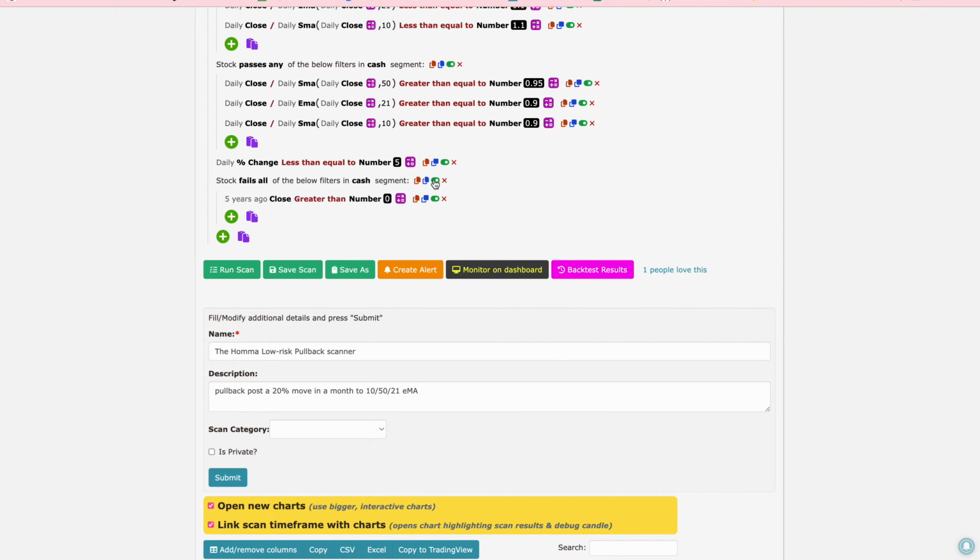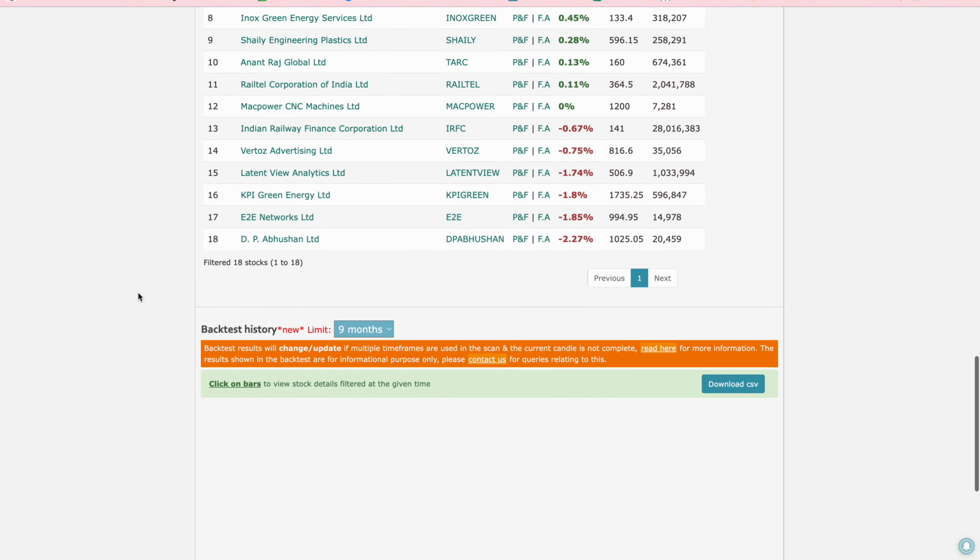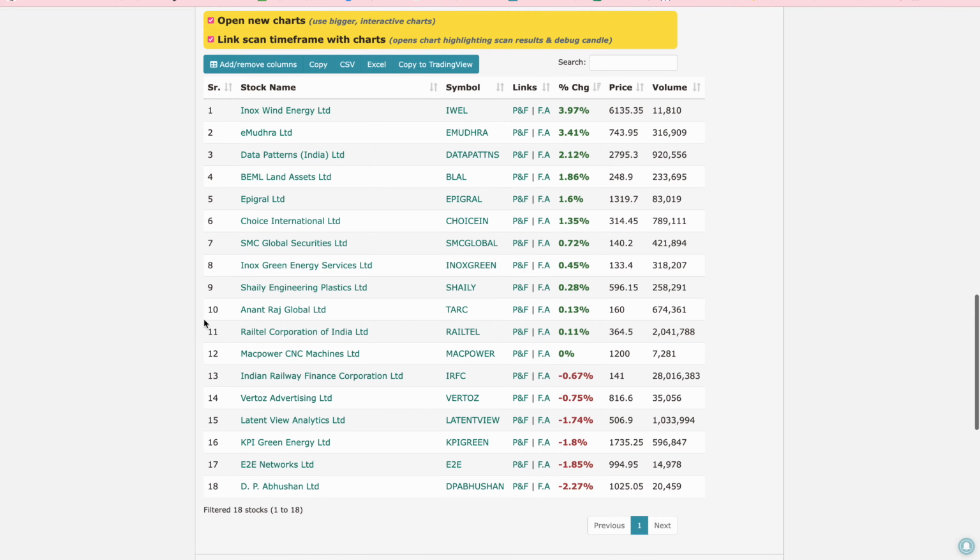So you can also put the IPO segment on. So here I'm looking for strong stocks which are pulled back at low risk but have been IPO'd within 5 years. So if you run this, you will see that these 18 stocks are all very young stocks, IPO stocks.